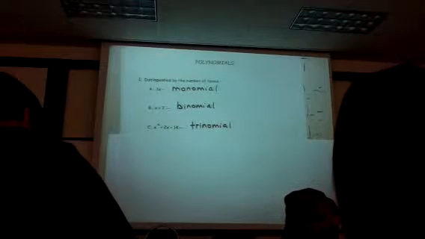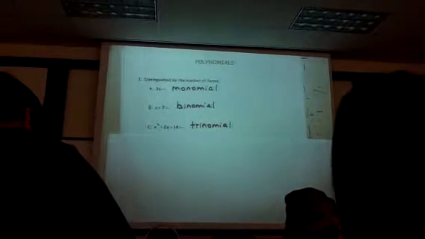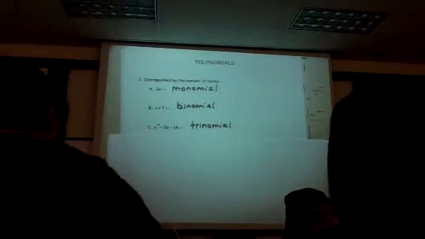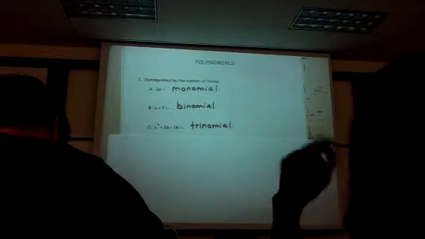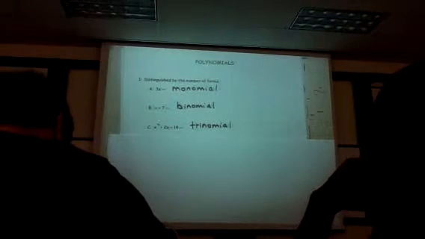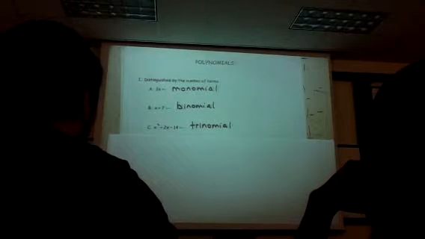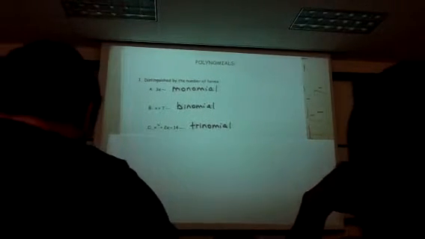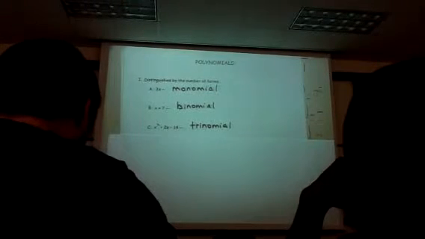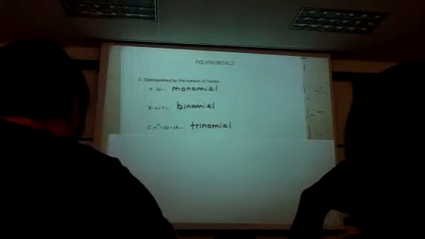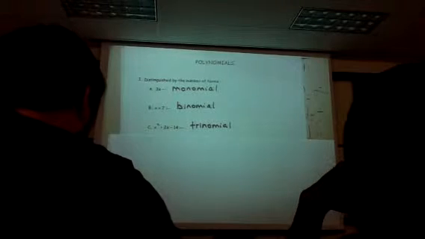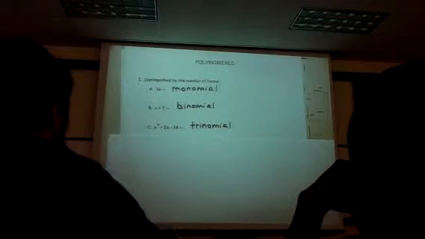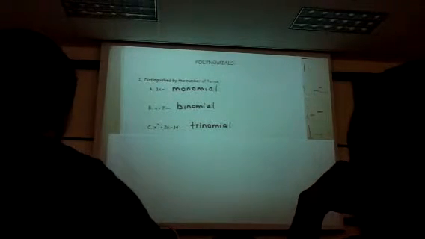And once again, I don't tell you this just to give you something else to know, but because your text and your problems will refer to a binomial factor or the perfect trinomial square, so you need to know what these guys are that we're talking about. Typically, after that, you got 4 terms, it's called a polynomial with 4 terms. 5 terms, a polynomial with 5 terms.